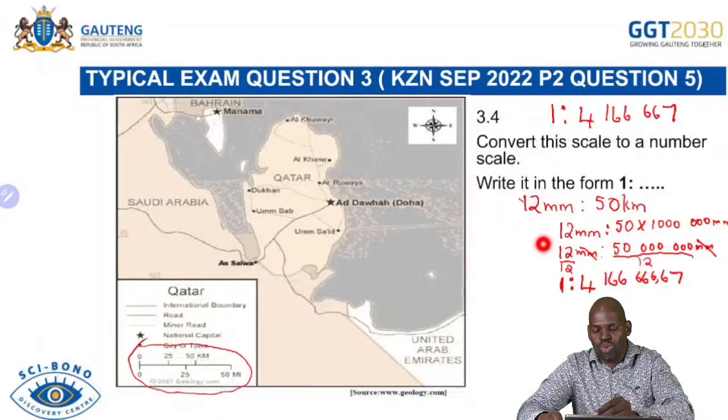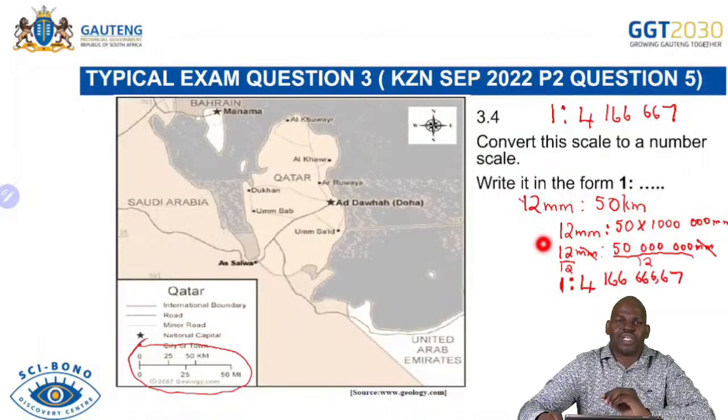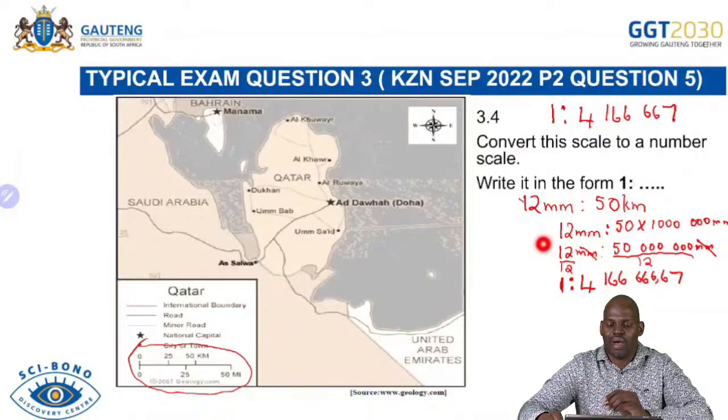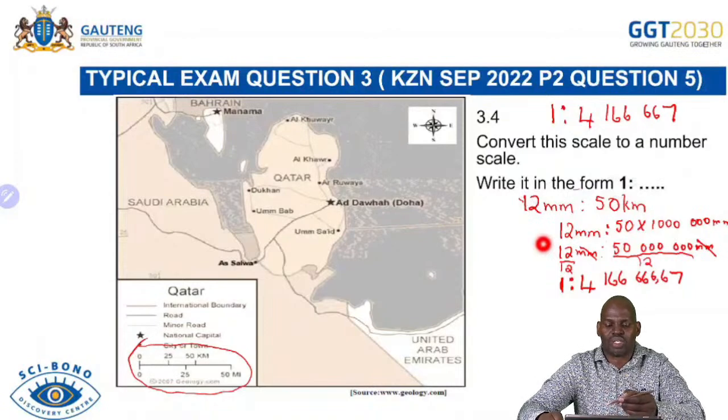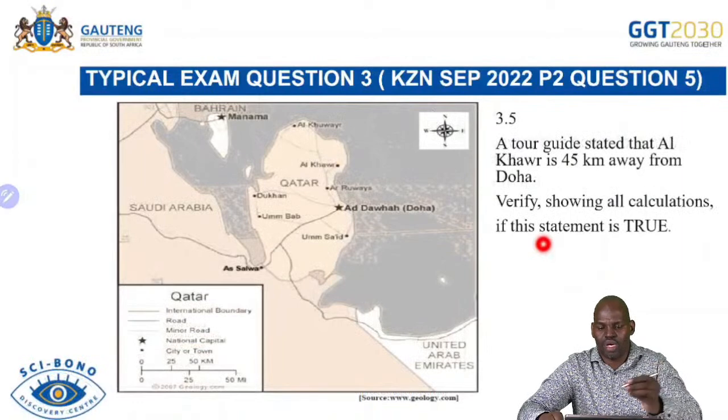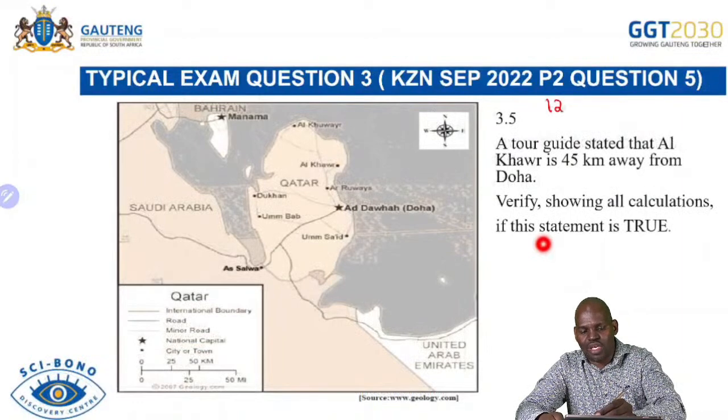Either you use the measurement or the simplified scale, it does not matter. But I think in this case, it's easier if you use 12 millimeters is the same as 50 kilometers in reality.